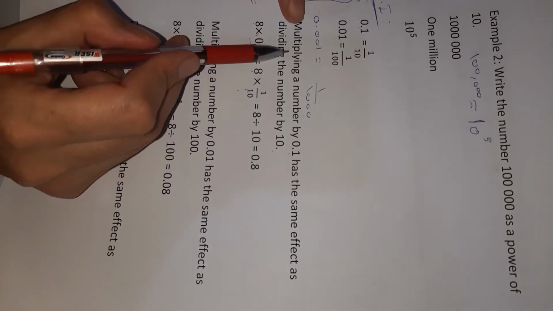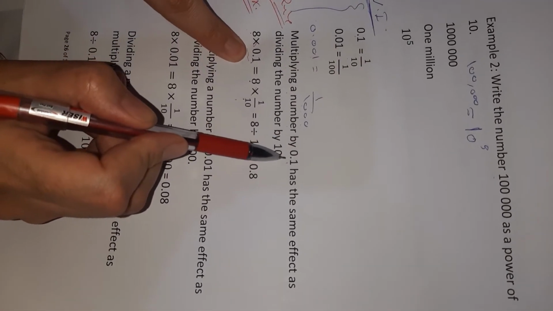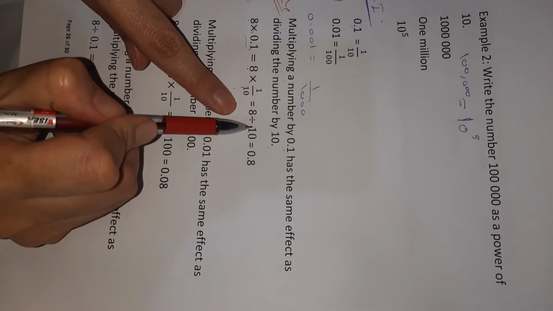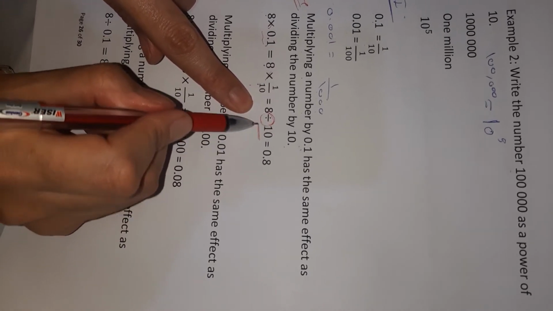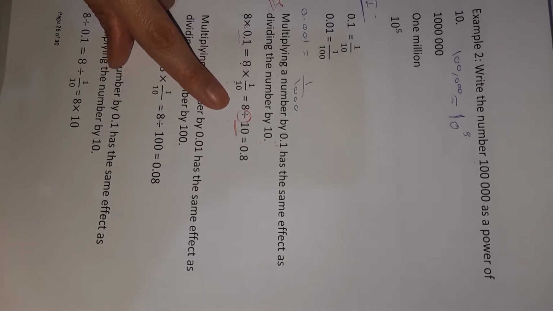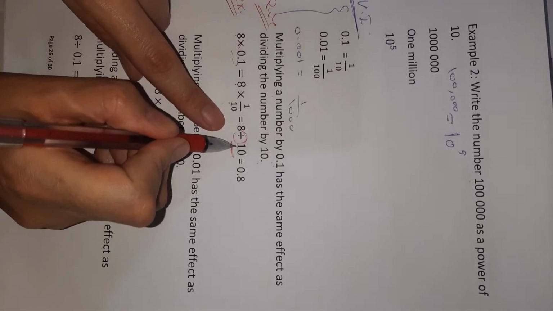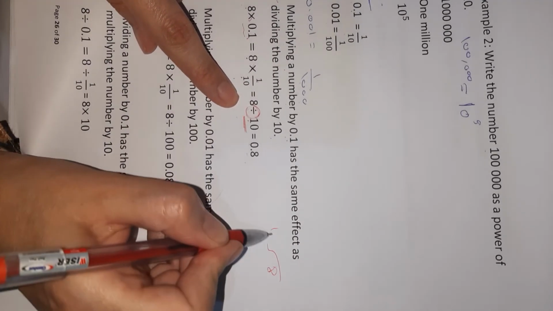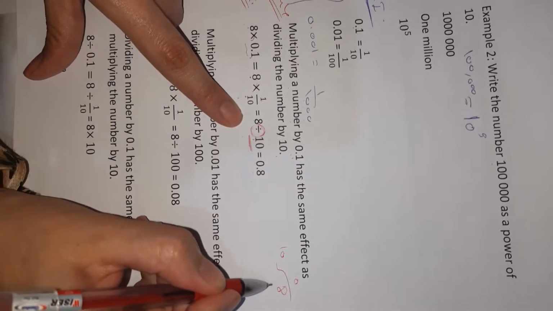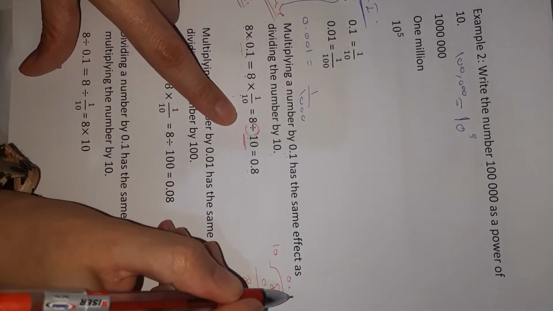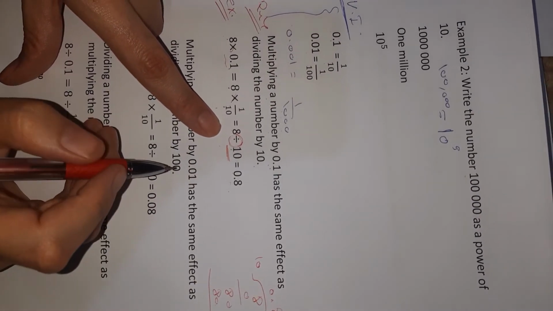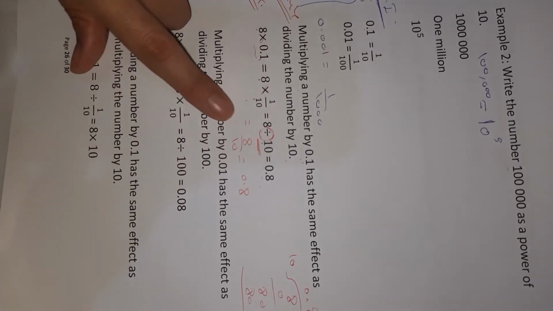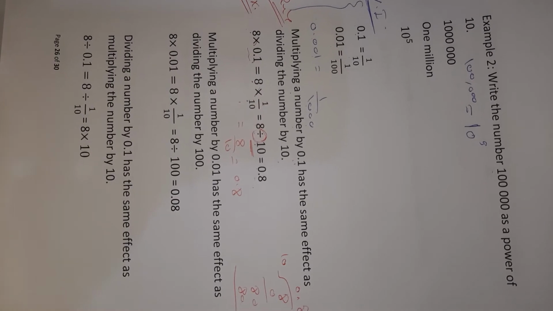Multiplying a number by 0.1 has the same effect as dividing the number by 10. So we have 8 divided by 10, which means 0.8, or 8 out of 10. It means 0.8, a decimal, 8 tenths. Right?